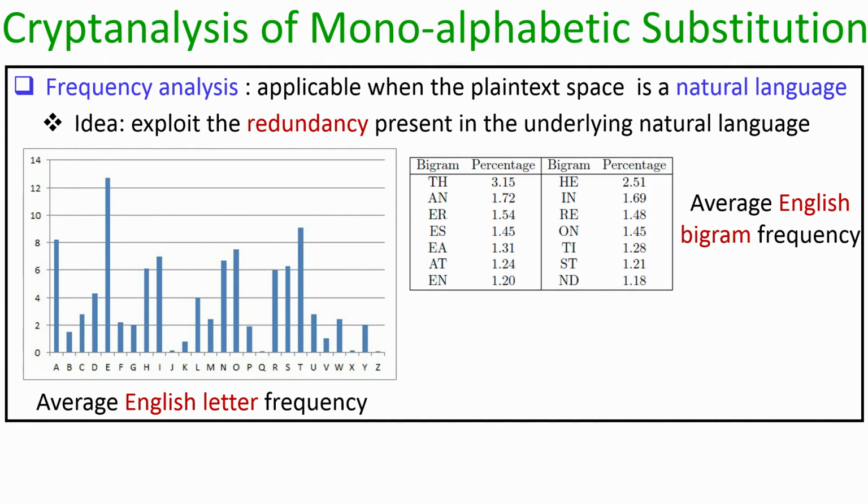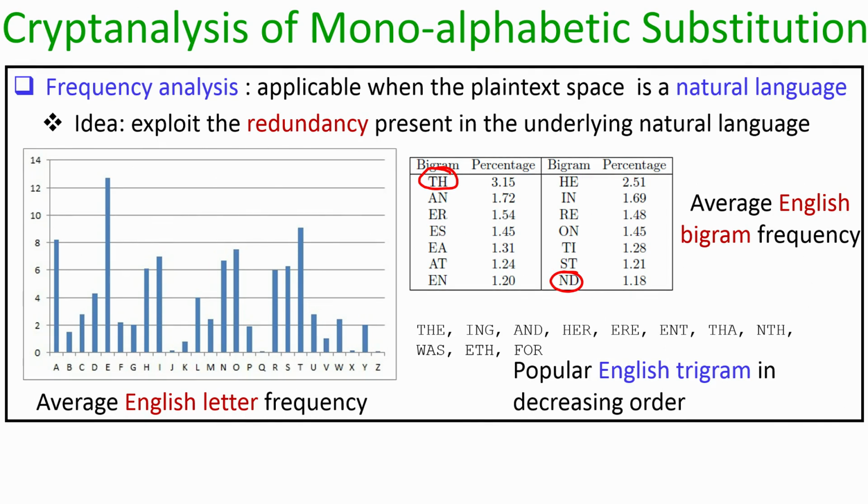For example, in long English text on average the bigram TH occurs more frequently compared to the bigram ND, and so on. And in the same way, we have the frequency of the most popular English trigrams, and so on. And this is public data available to any user in the universe.